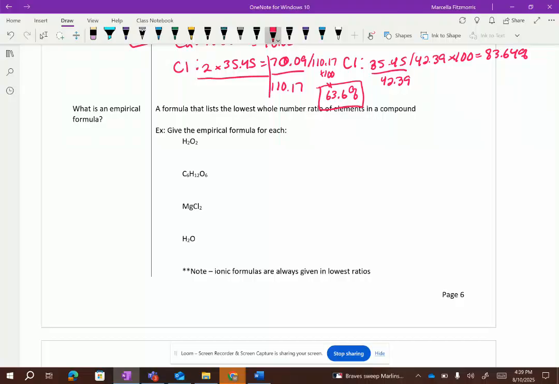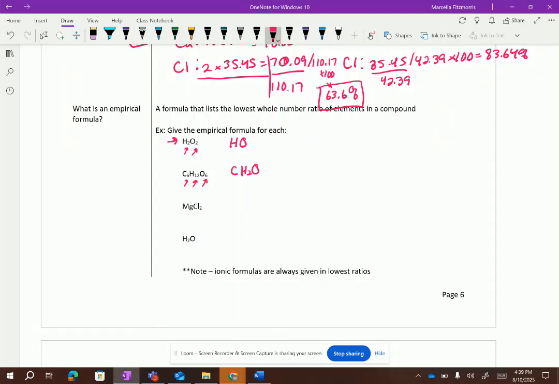Okay. So, if I simplify this to get the empirical formula, 2 and 2 will simplify to 1 and 1. And we don't write the 1s. 6, 12, and 6 can all be divided by 6 to get 1 C, 2 H's, and 1 O. Okay.